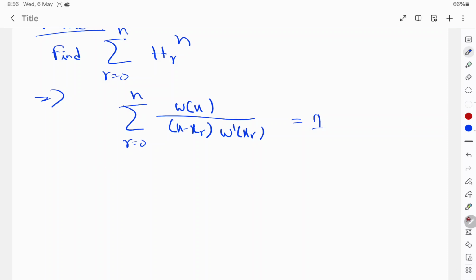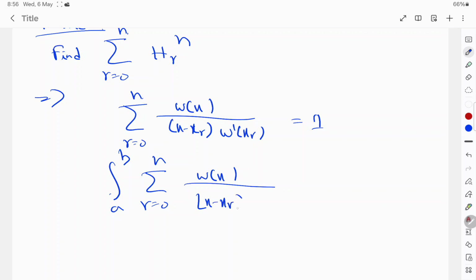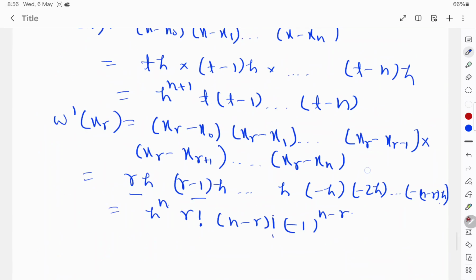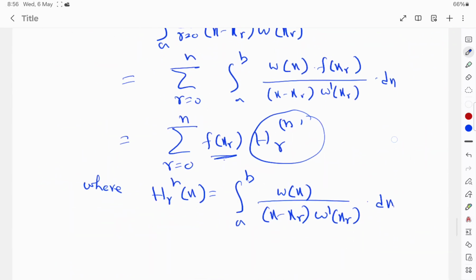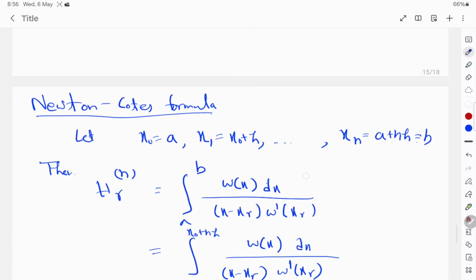So if you do the integration of this from a to b, the same expression, obviously here you will get b minus a, right? So what is your H_r^n? This thing, right? So that's it.